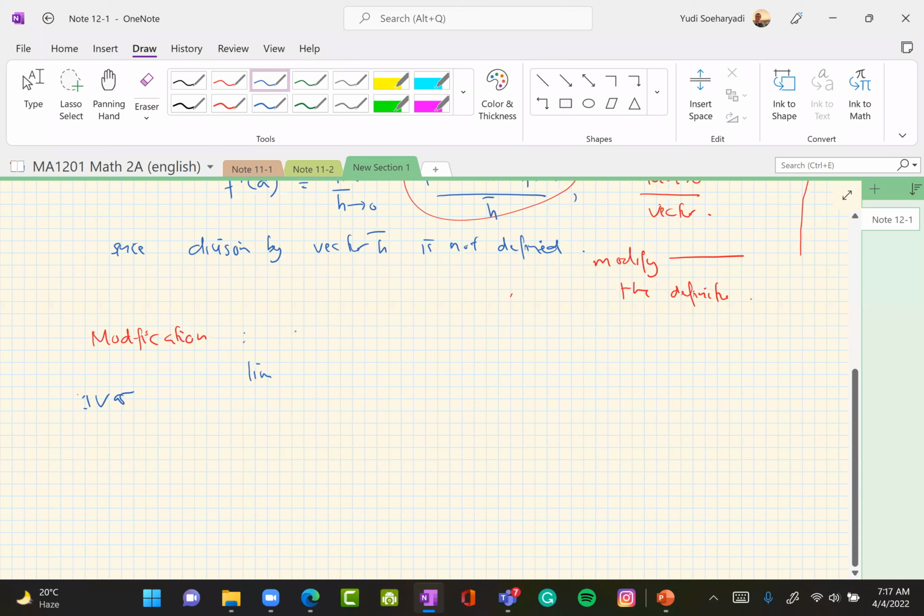We try to avoid this. So in one variable, this would be here, say a plus h.